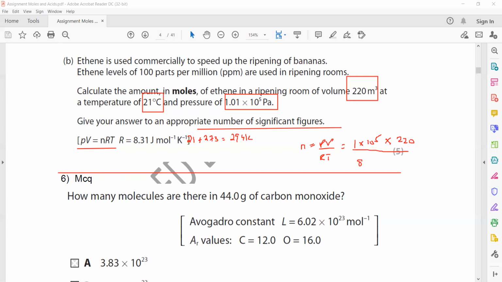The general gas constant is 8.31, into the temperature in Kelvin, which is 294. When we solve this, we'll get the number of moles. That will come out as 0.91 moles. The value of n represents the number of moles.